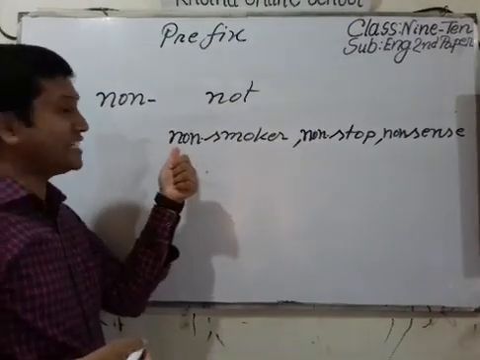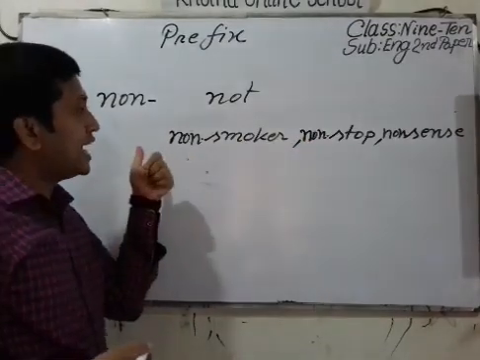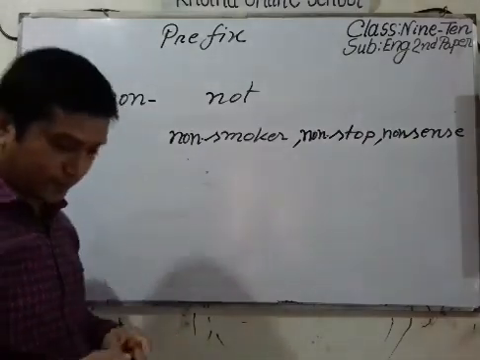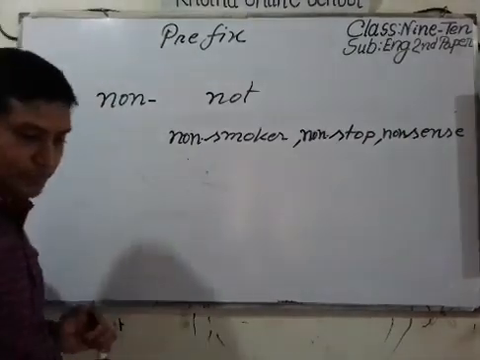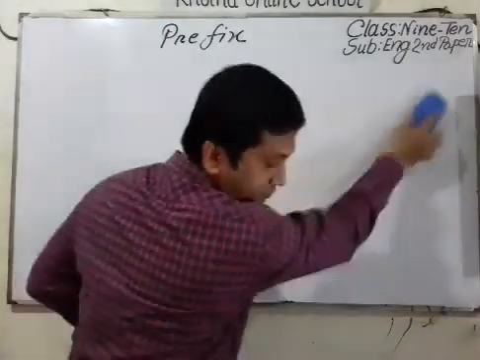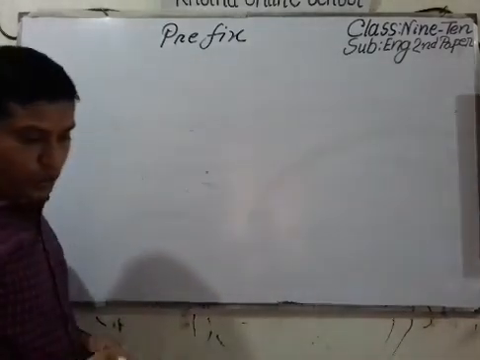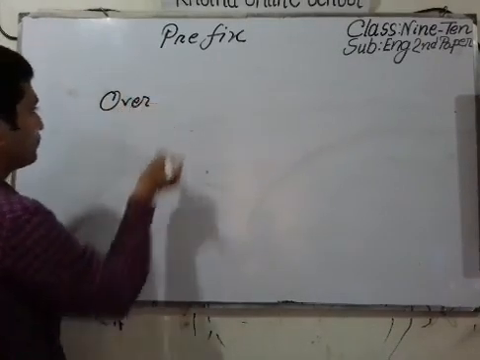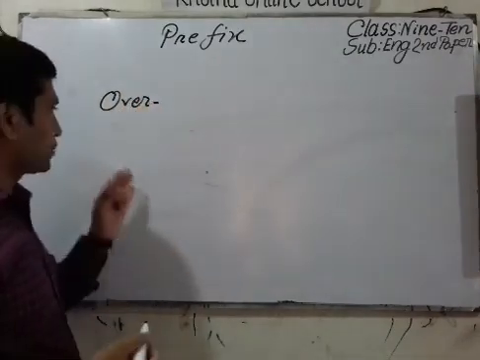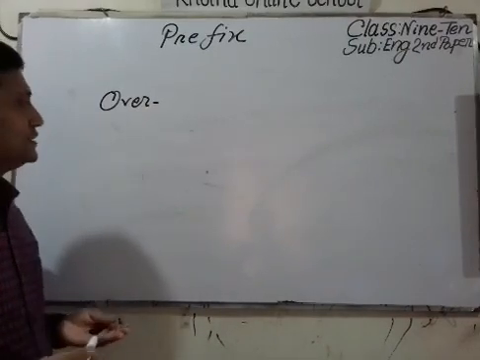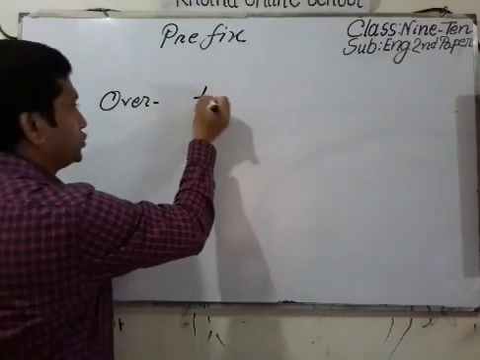So non-smoker, non-stop, and nonsense. We have attached the prefix at the beginning of every word here. Okay? So write down quickly another prefix you may know, and that is over. Sometimes it may be a preposition, but here it is a prefix.